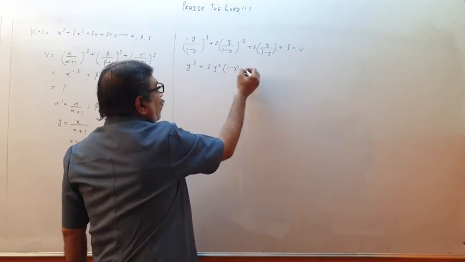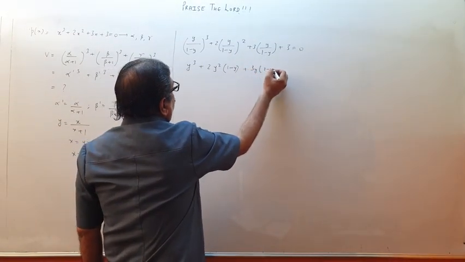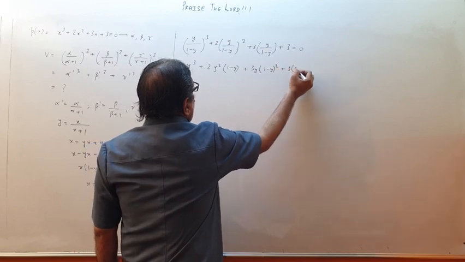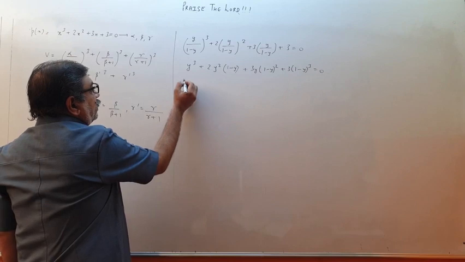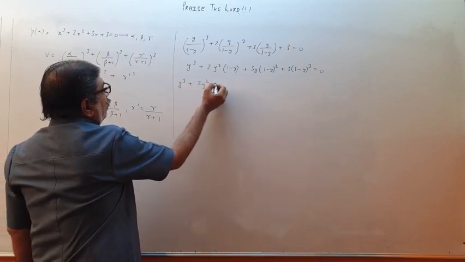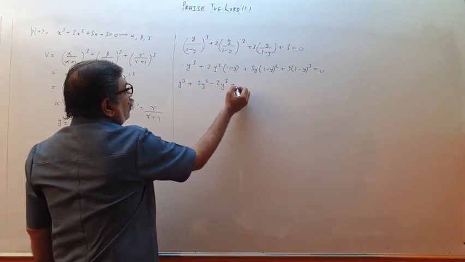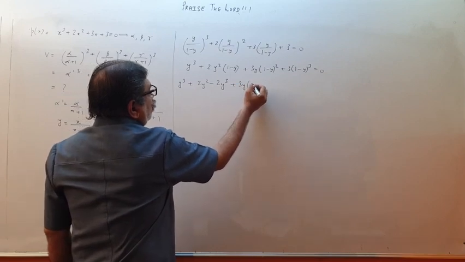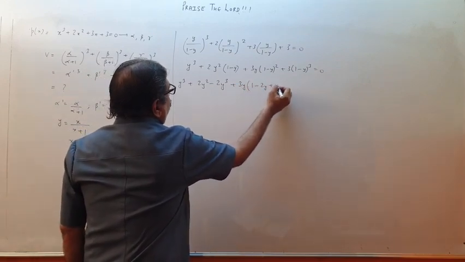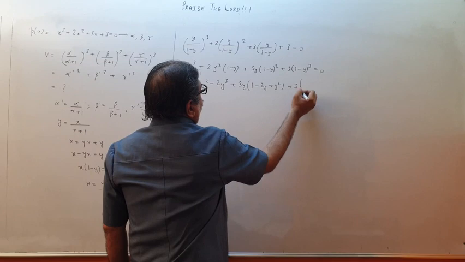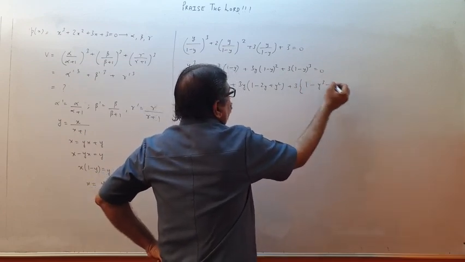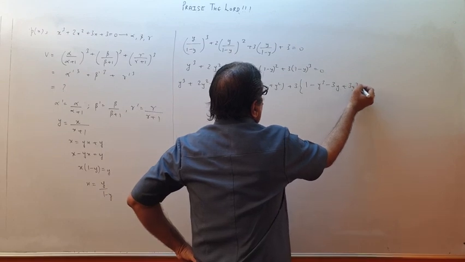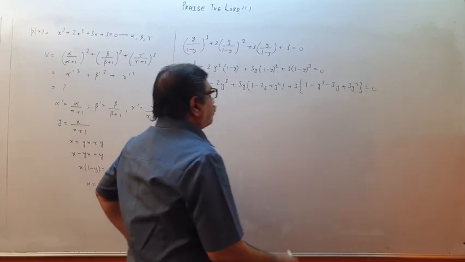Then this will be 3y into 1 minus y whole square, plus 3 into 1 minus y whole cube equal to 0. We will have to expand this. y cube plus 2y square minus 2y cube plus 3y into 1 minus 2y plus y square, plus 3 into 1 minus y cube, that is minus 3y plus 3y square, is equal to 0.